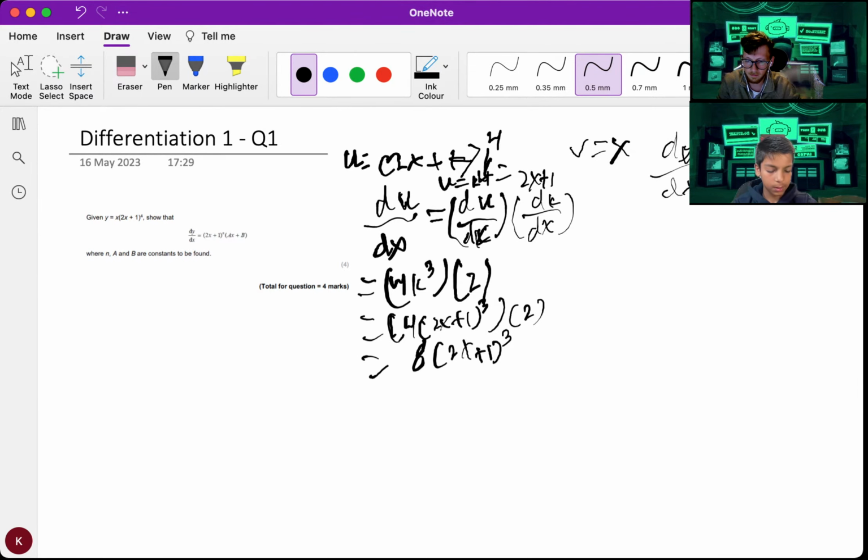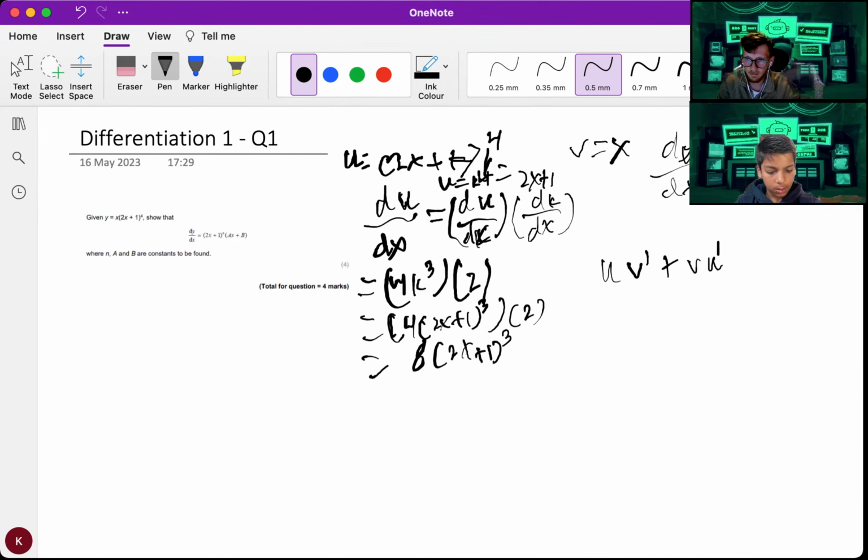Good. Okay, so then we just need to use the product rule now. That's u times the derivative of v plus v times the derivative of u.